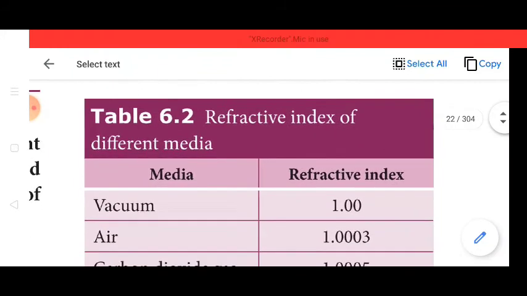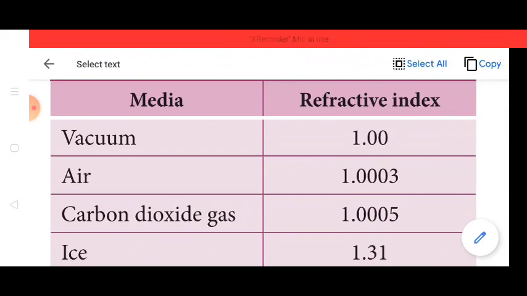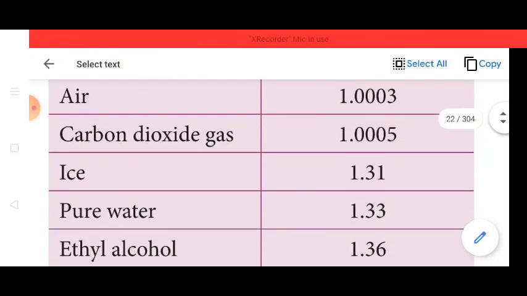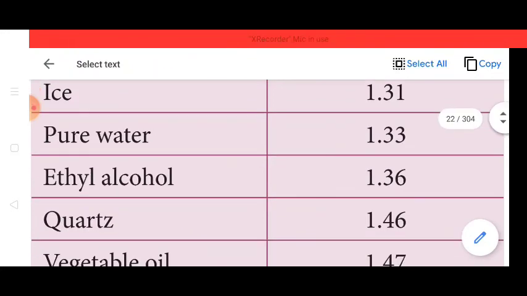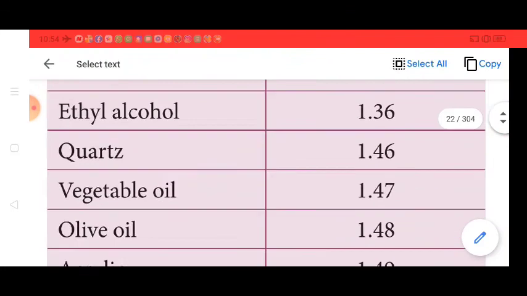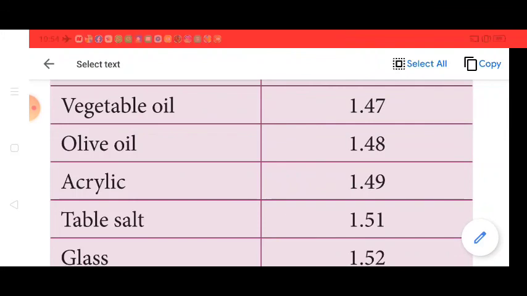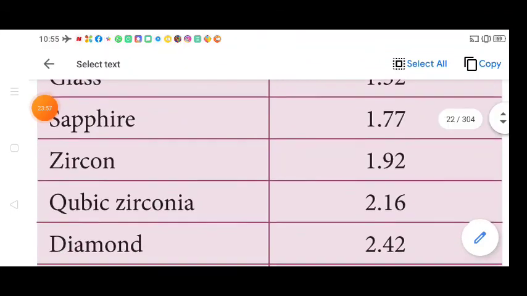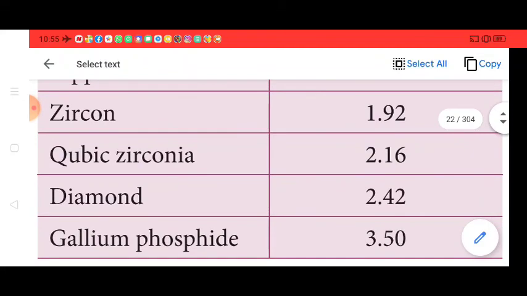Vacuum is 1, air is slightly more than 1, carbon dioxide 1.0005, ice 1.31, pure water 1.33, ethyl alcohol 1.36, quartz 1.46, vegetable oil 1.47, olive oil 1.48, acrylic 1.49, table salt 1.51, glass 1.52, sapphire 1.77, zircon 1.92, cubic zirconia 2.16, diamond 2.42, gallium phosphate 3.50.